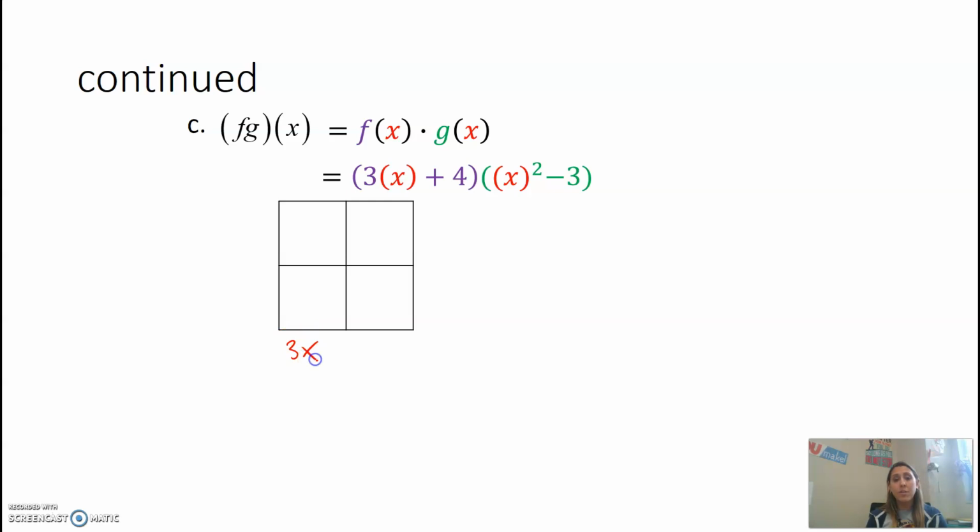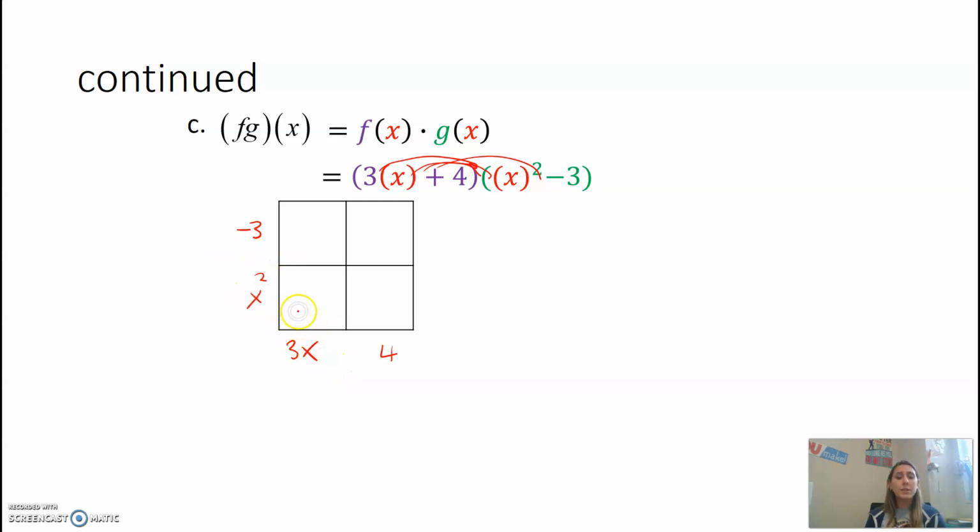If you know how to just multiply this one times that, and then this one and this one, fine. But I'm going to show you in a box. And again, it doesn't matter where you put what. I had a student ask me, they put the 3x plus 4 right here and then the x squared minus 3. It doesn't matter as long as you keep everything together. So one side is one binomial, one side is the other binomial.